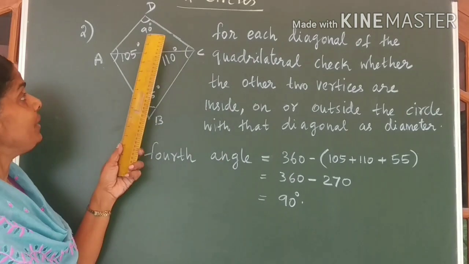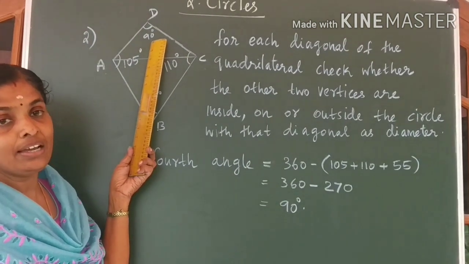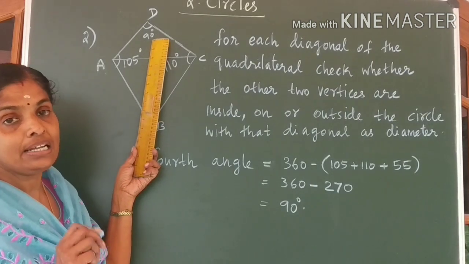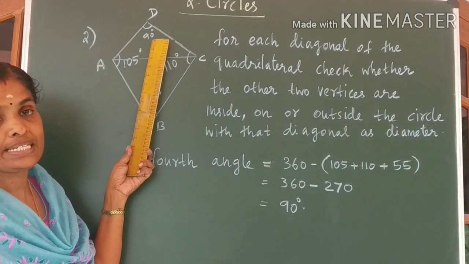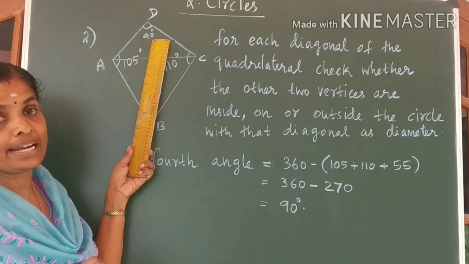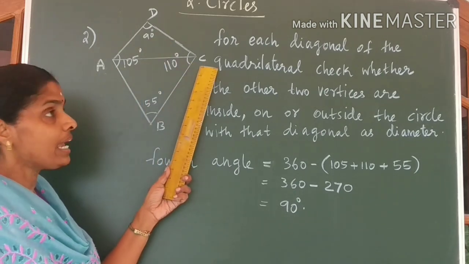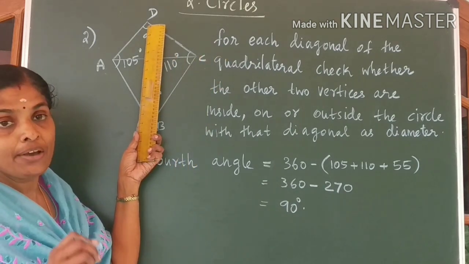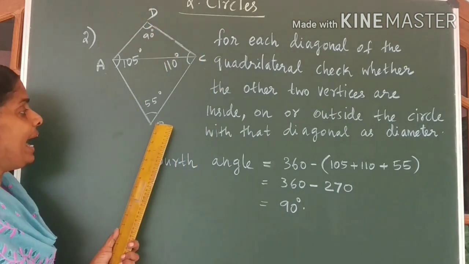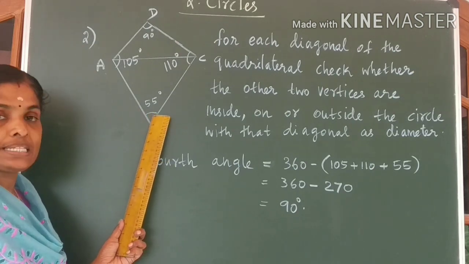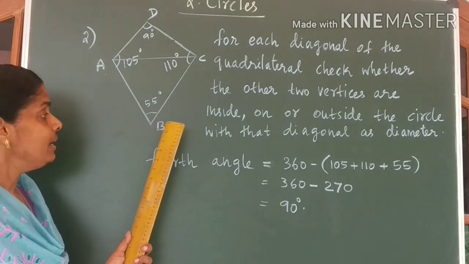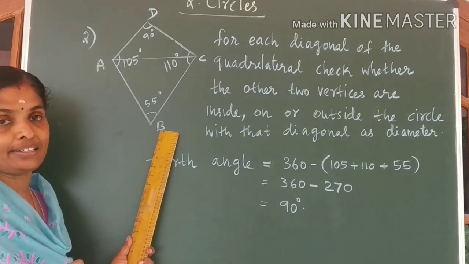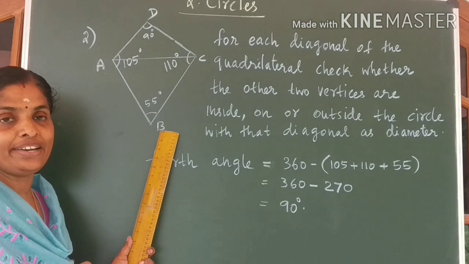Since angle D is 90 degree, this point D will be on the circle. Do you understand? If you draw a circle with AC as diameter, D will be on the circle, and since angle B is equal to 55 degree, this point B will be outside the circle. Is it clear to you, children?